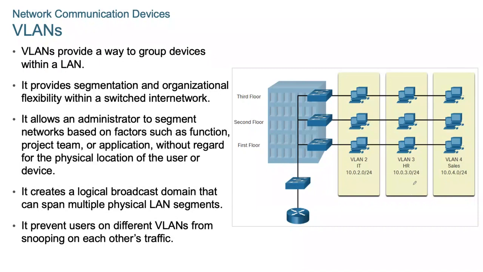They group the devices to easily identify them and easily forward the packets. A group of devices within a VLAN communicate as if they were connected to the same network segment. These VLANs are based on logical connections instead of physical connections.